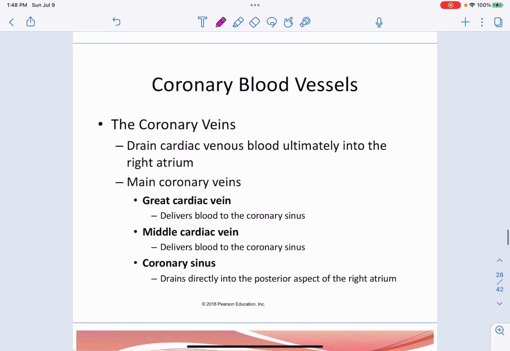And this is when we're going to come back to this coronary sinus that I mentioned at the beginning. So these coronary veins are then going to drain the blood from the heart after it's been utilized and the oxygen and nutrients have been taken up. And ultimately, all of this blood that has been utilized is going to make its way back to the coronary sinus.